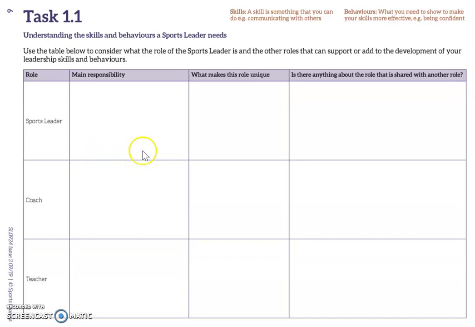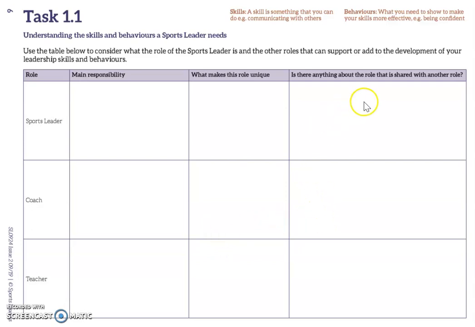In the next column, you can see what makes this role unique. Thinking about your qualification in particular, although you won't be solely in charge of the whole class, you'll always have a member of staff attached with you. You have the unique opportunity of developing your own skills as well as others. Whereas a coach and a teacher will ultimately be responsible for those specific students, as it is their profession, it is their job.